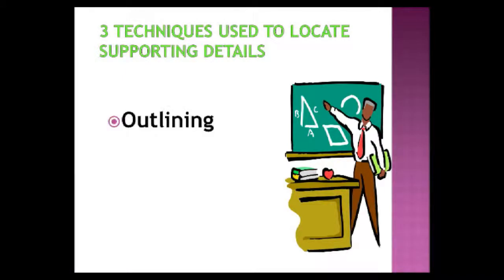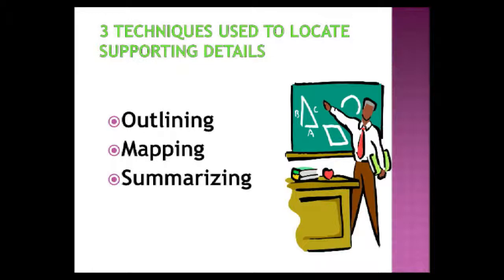We use 3 techniques to help us locate supporting details. Many of these you're pretty much familiar with. Outlining, we make outlines all the time. If you've ever written an English paper, if you've written a speech, most of the time you do an outline to help you get ready to put your paper together.